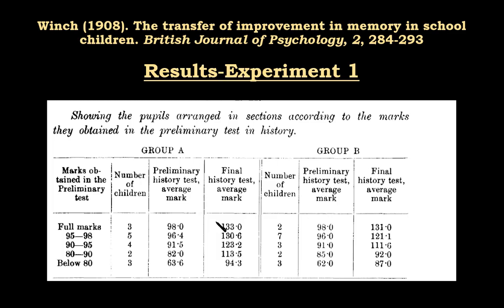Now, it's very difficult to know what to do with these, because if you see the preliminary test average for Group B, we've got 98 in the first group, which is the same, but then 96 in the second, which is different, and 91 is different, 85 and 62. So it's not rational why this classification and not something different. And then he shows that in these categories, the performance is better in Group A than in Group B.